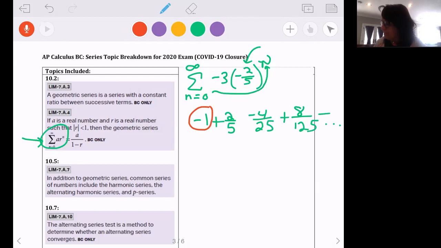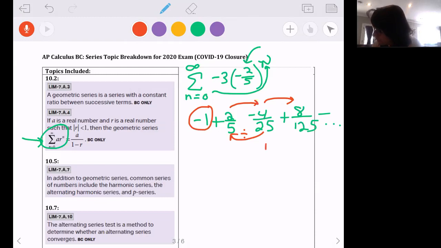But remember with this kind, if you're struggling to figure out that r, which on this one I made pretty easy, you can see it's being multiplied by -2/5, but you can always divide to figure out your r. It'll be calculator active, so just divide, do a math, enter, and get it as a fraction. I doubt you'll have one like that, but just in case.